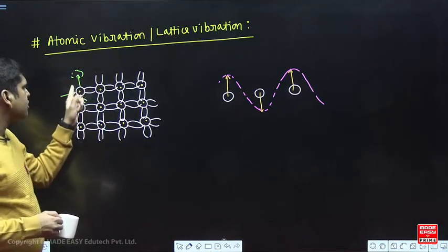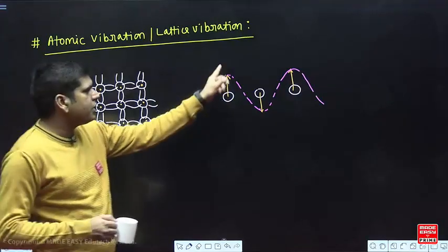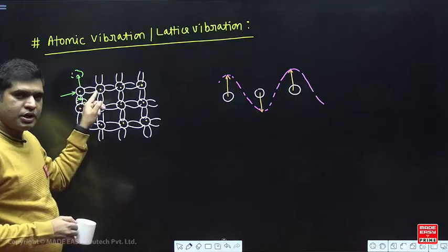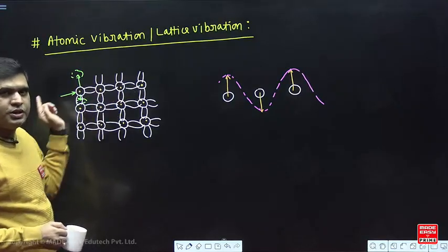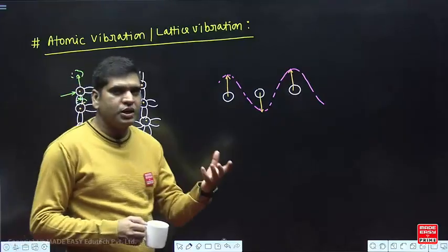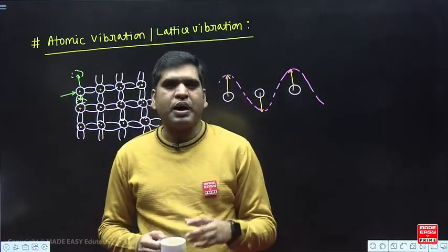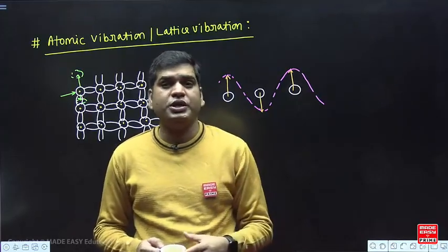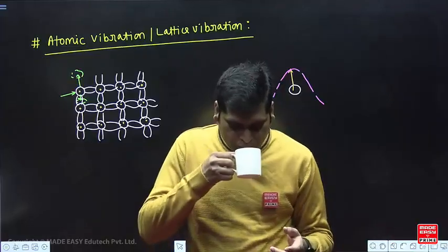Because of the vibration of these atoms, neighboring atoms will also start to vibrate. When it goes up, it goes down. So some part of energy is transmitted to the neighboring atom, and the neighboring atom transmits to the next atom, and this way heat is being transported from one side of the material to the other side. So these atomic vibrations can be used to transport heat energy from one end of the material to the other end.